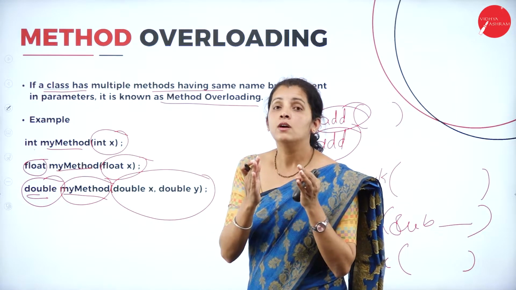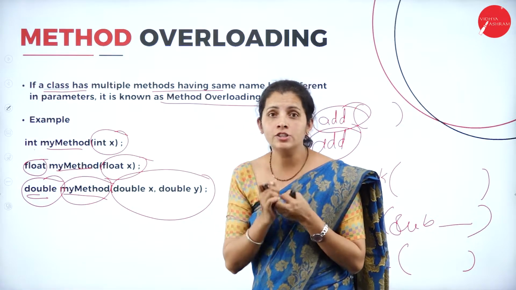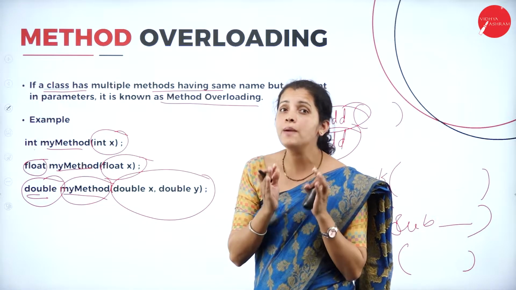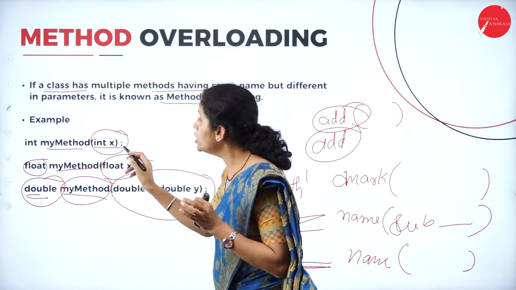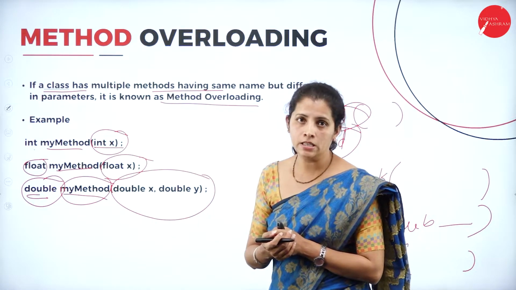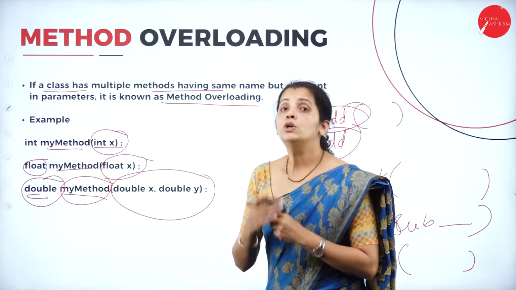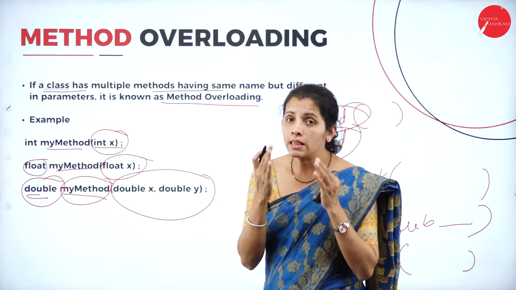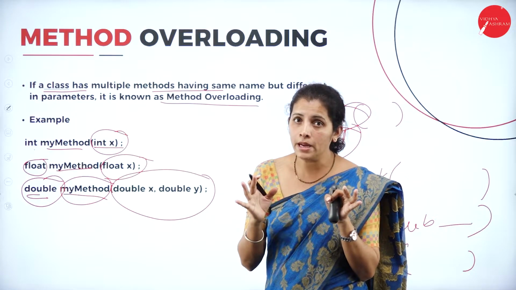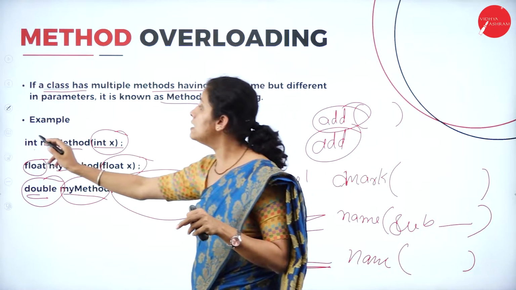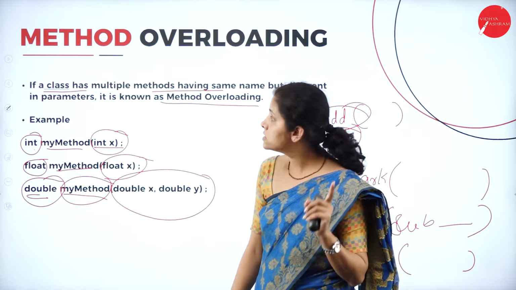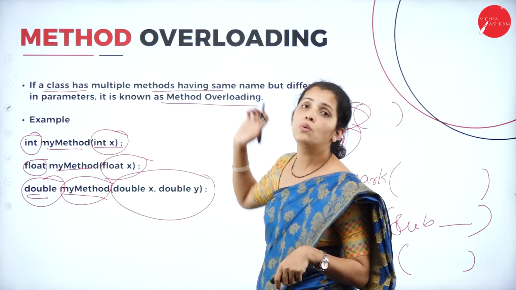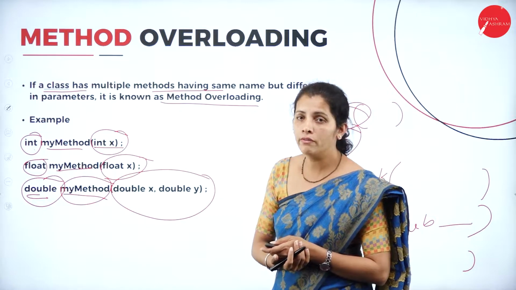If two or more functions have the same method name, then the compiler is going to check the parameters. And if two or more methods have the same parameters, then the compiler is going to check the return type. This is the way method overloading works.